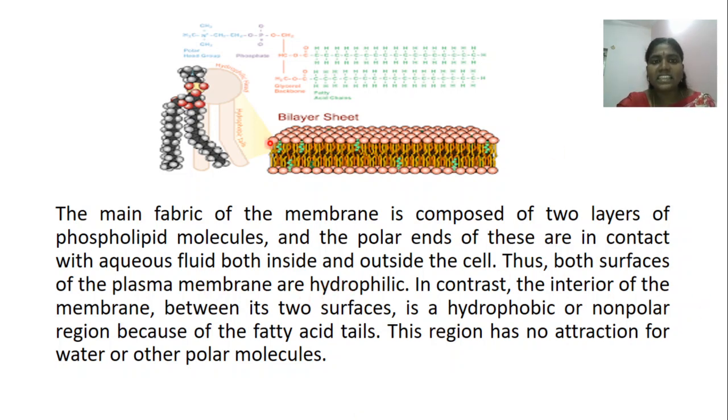In contrast, the interior, where these two layers meet, between these two surfaces, is a hydrophobic region, because it is mainly the two fatty acids, a non-polar region. Because of the presence of the fatty acid tails, this region has no attraction for water. In other words, it is hydrophobic.